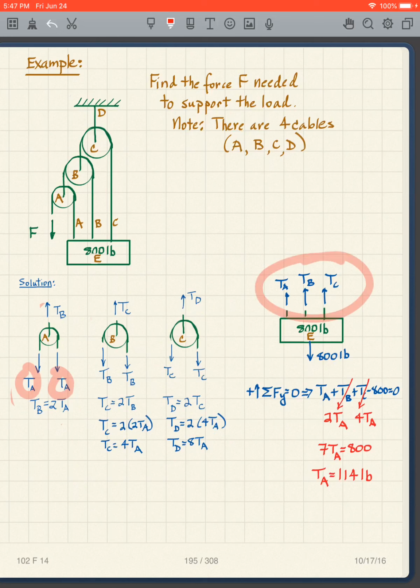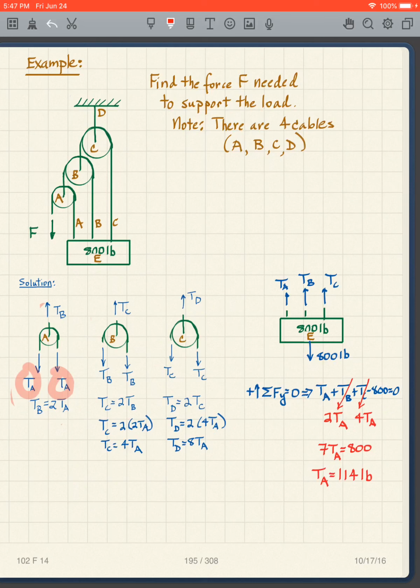I go now to this free body diagram, and that tells me that TA plus TB plus TC is equal to 800 essentially. But I want you to draw it out this way, and then I can make some substitutions here.